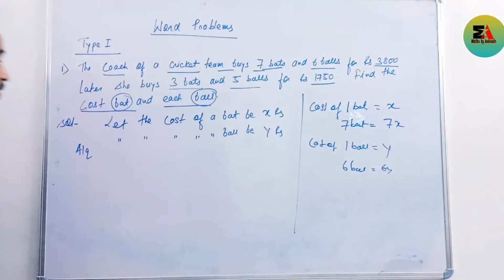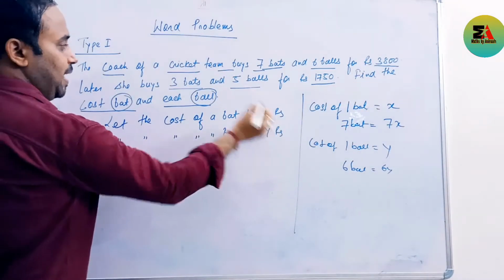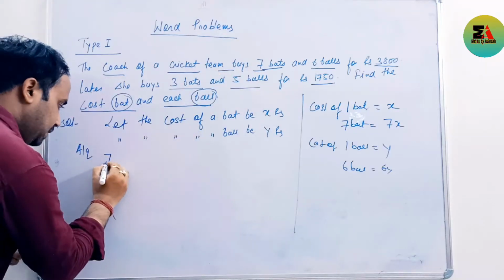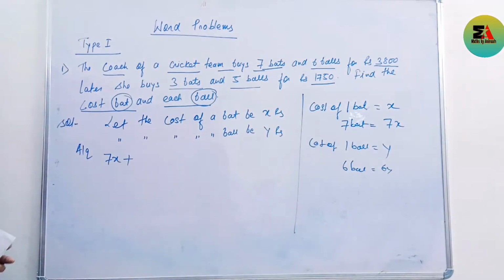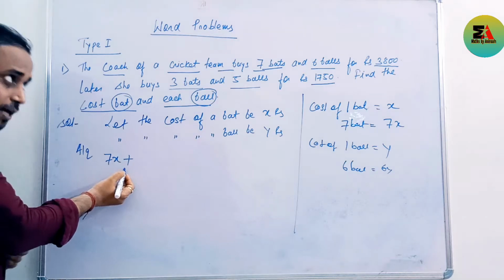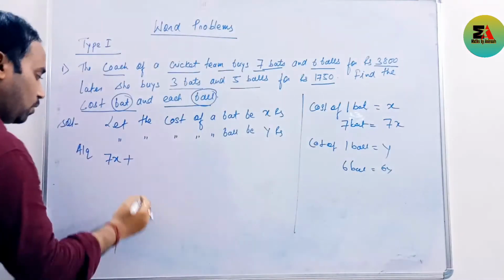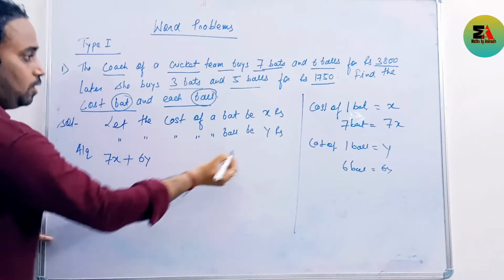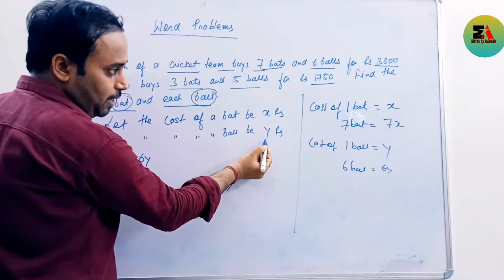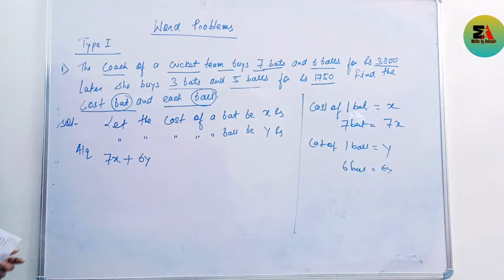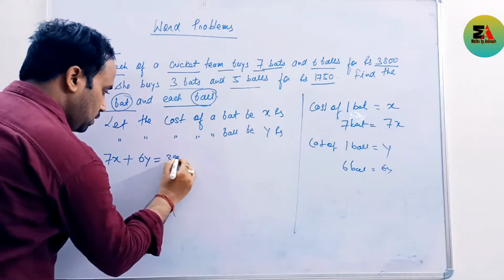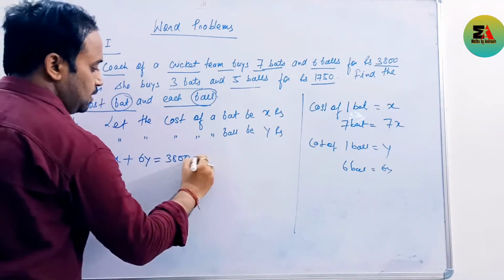Just write here: cost of one bat is X, therefore cost of 7 bats is 7X plus. Why do we give plus? Because they purchased both things combined. And the cost of 6 balls will be 6Y, because the cost of one ball is Y, is equal to 3800 rupees.